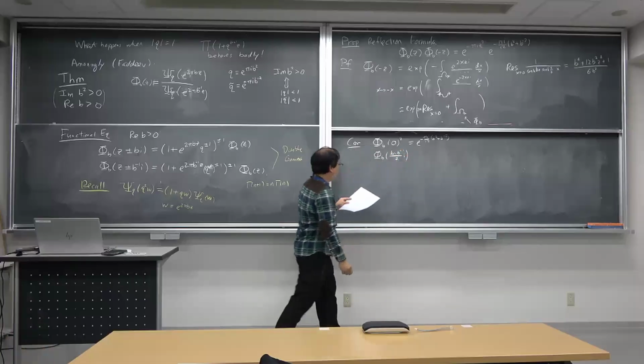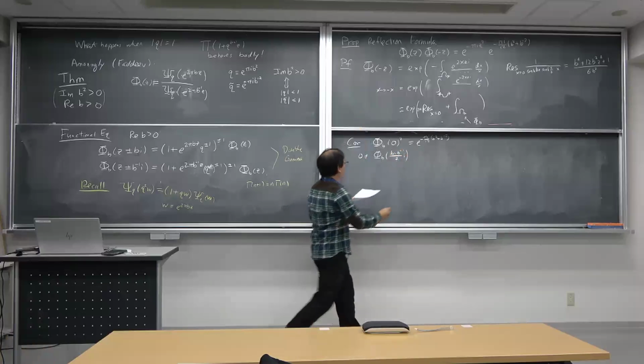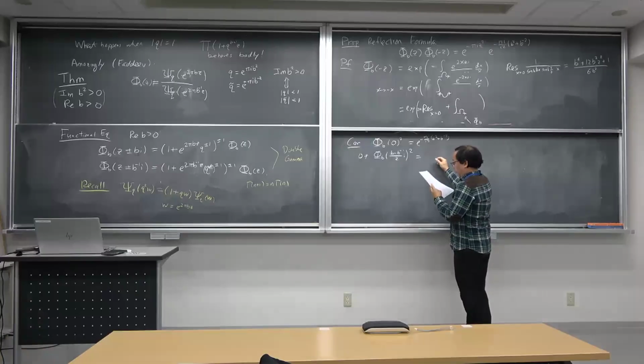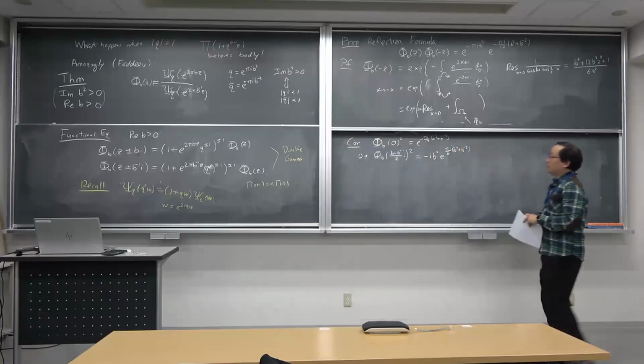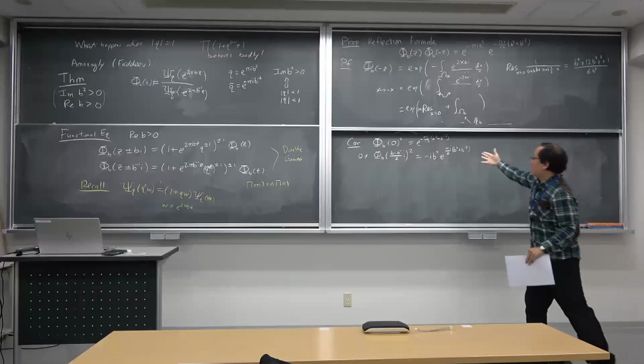So this is also non-zero. And so you can show this is also non-zero by the functional equation. The square is given by minus I b squared like this.